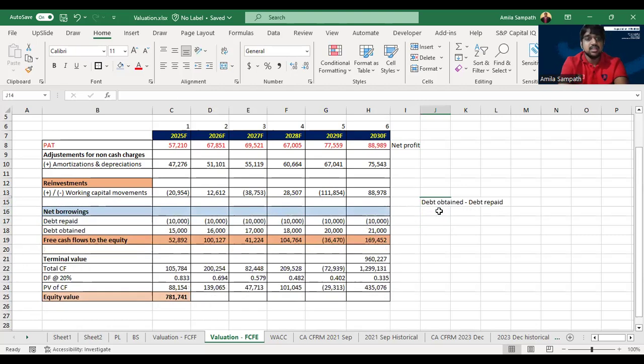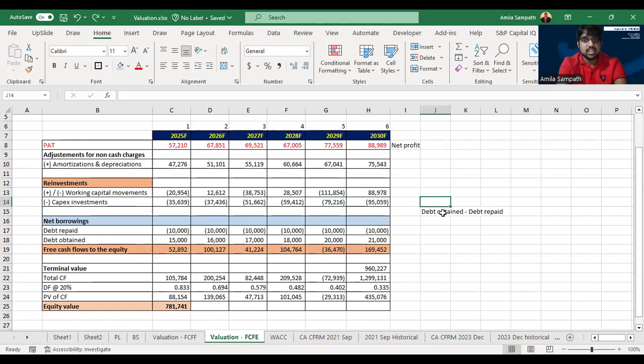We need to add debt obtained minus debt repaid. If it is positive, we obtained more, therefore we can add. If it is negative, that means we repaid debt, therefore we can deduct it from our profit after tax. Simply, to derive the free cash flow to the equity, we need to add debt obtained and deduct debt repaid from our profit after tax.